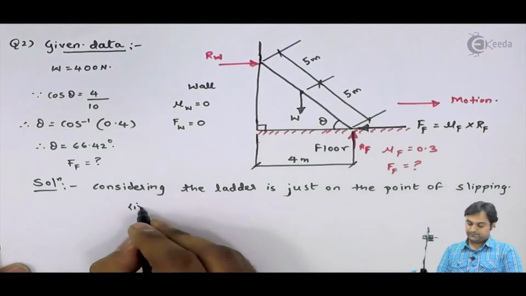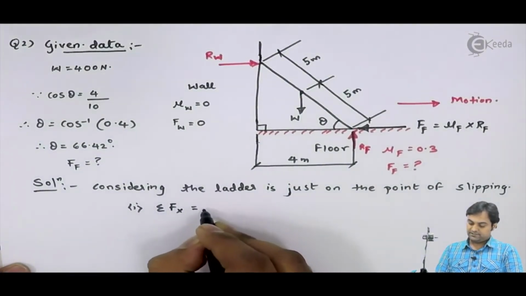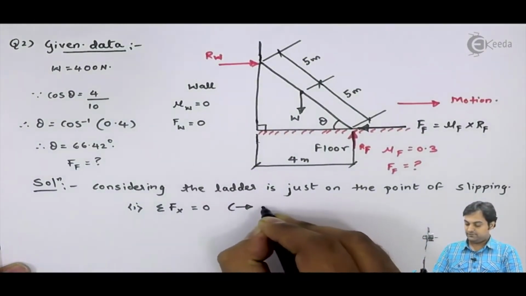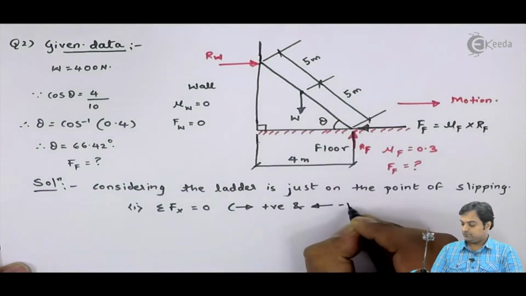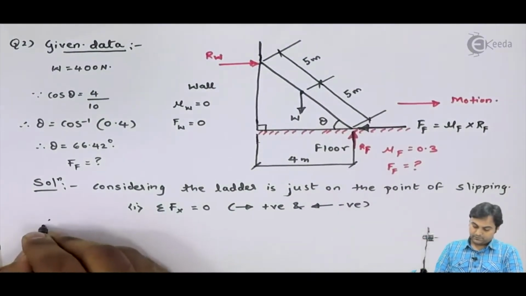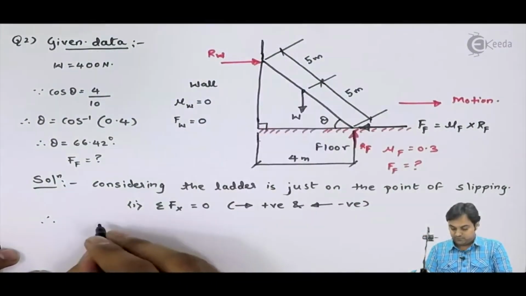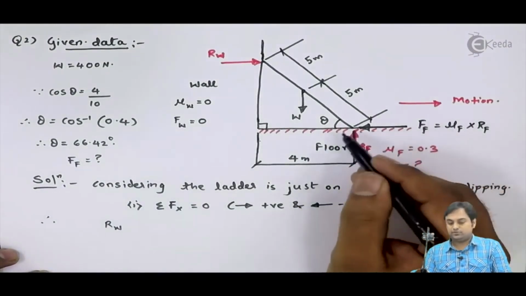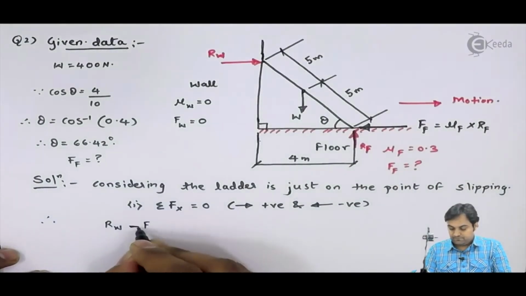So summation of Fx is equal to 0, where my rightward forces would be positive and leftward forces would be negative. So here I have reaction offered by wall as positive, friction force offered by the floor negative.